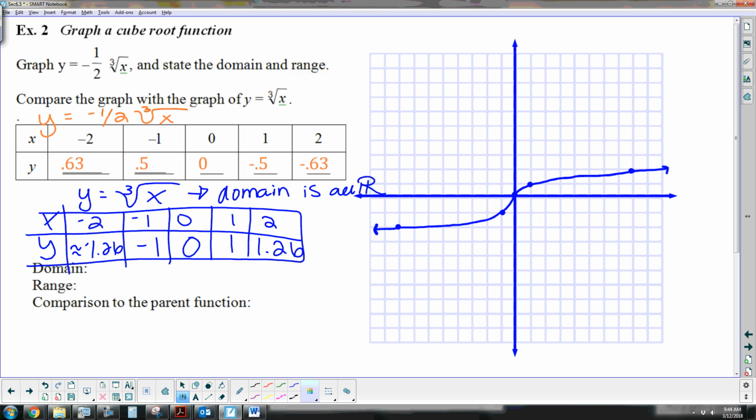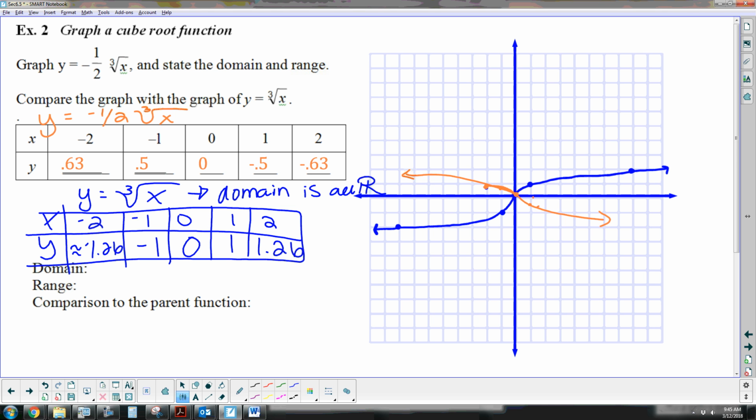And we've got our points here: negative 2 and 0.63, negative 1 and 1/2, 0 and 0, 1 and negative 1/2, and 2 and negative 0.63.